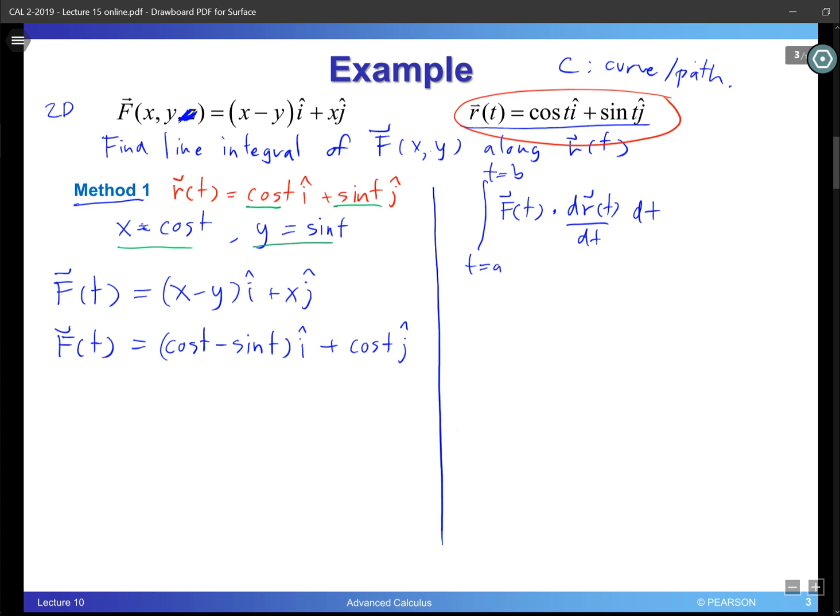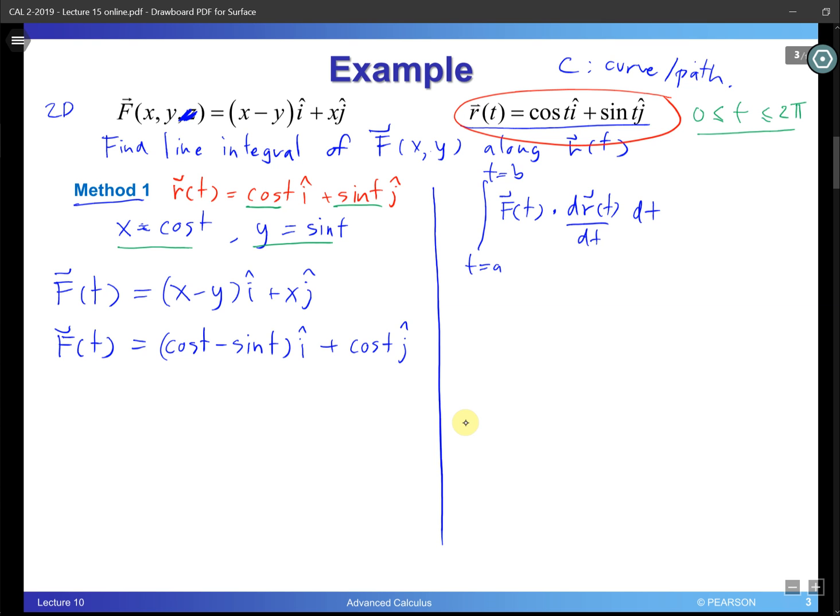And this reminds me that I forgot to put one more piece of information about this example. This integration is to be done with t starting from 0 and ending at 2 pi. We need to know the time.